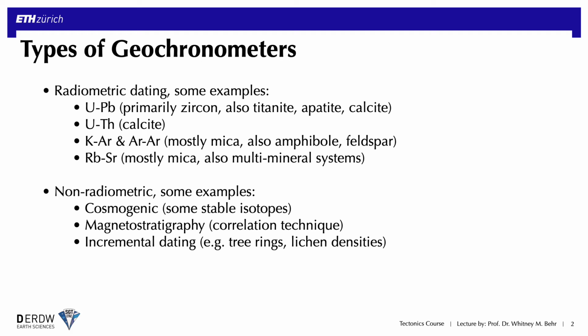Magnetostratigraphy, a relative dating or correlation technique focused on the patterns of secular change of reversals of Earth's magnetic field. And finally, incremental dating techniques, which are sometimes qualitative, but that allow year-by-year annual chronologies based mainly on how organic materials such as trees or things like lichen grow over time.